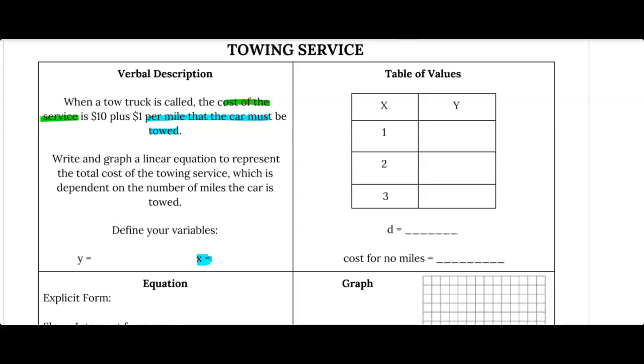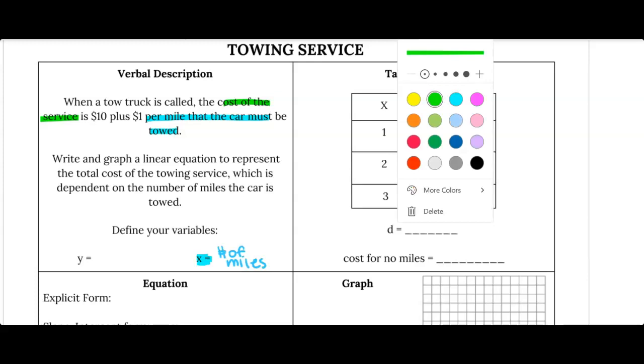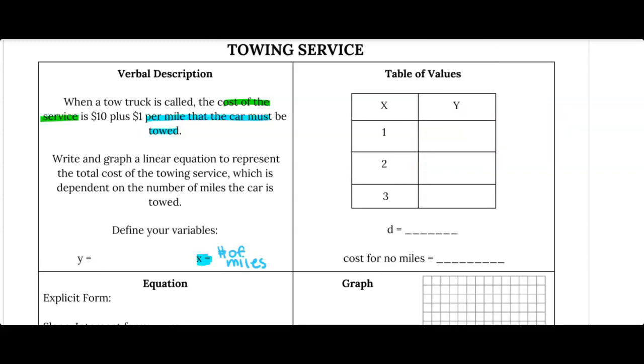It's the piece that we can determine, that we choose for the equation. So x will be the number of miles, and the y is the dependent variable. It's what comes out of using the x. So the total cost will be the y, because that's depending on how many miles we go.